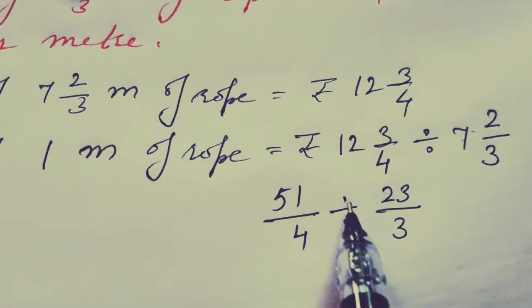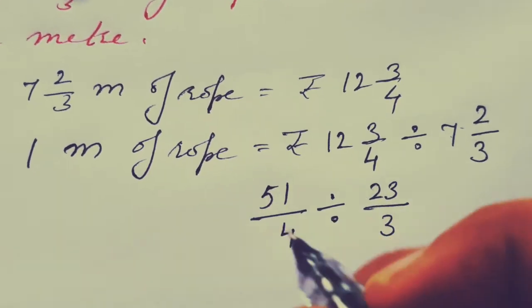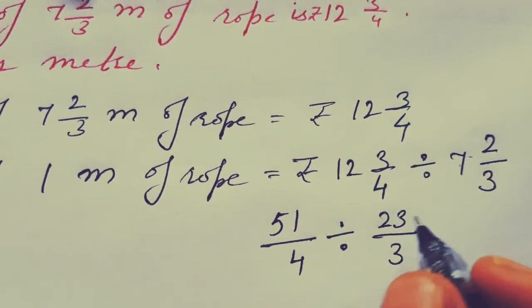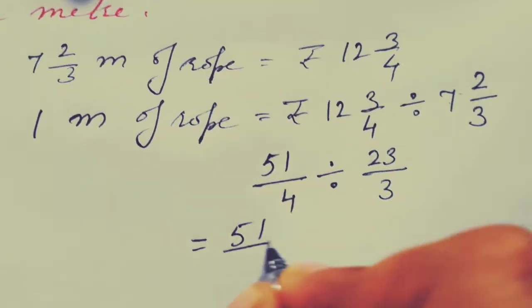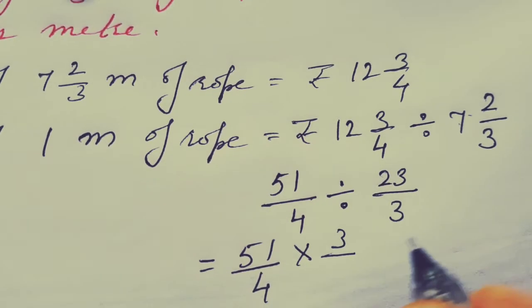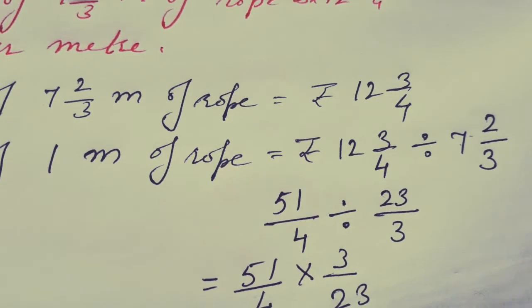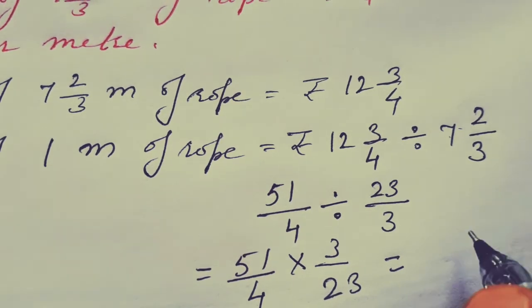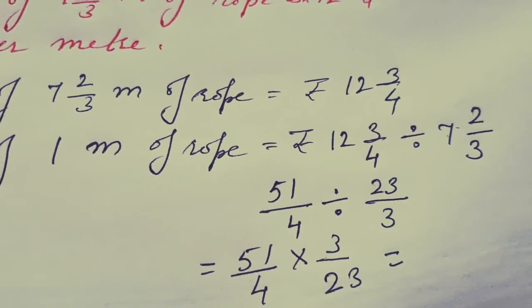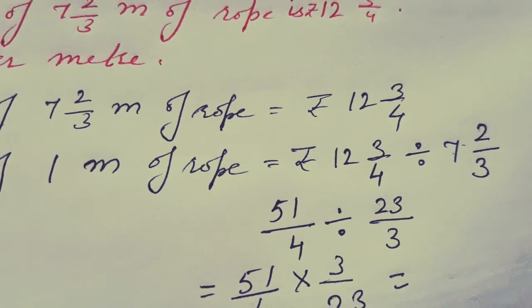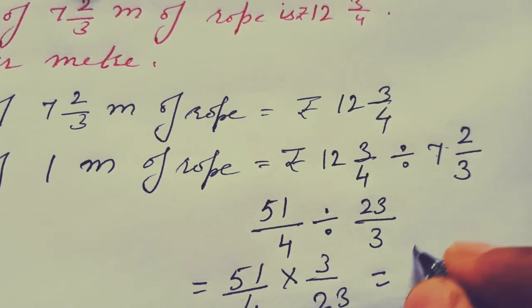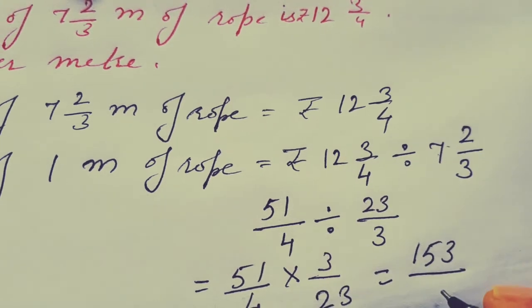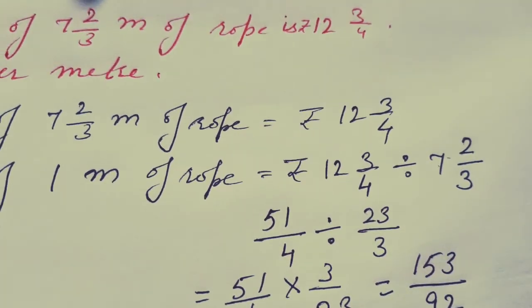So we have to change the division sign into multiplication by taking the reciprocal of this number. So it will become 51 by 4 multiplied by 3 by 23. Now multiply numerator with numerator and denominator with denominator. So it will become 153 by 92.